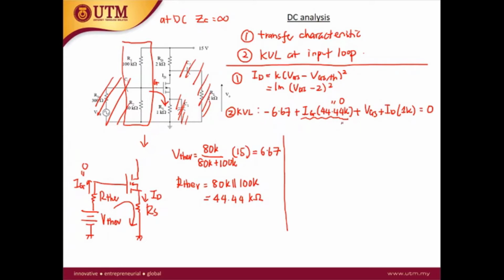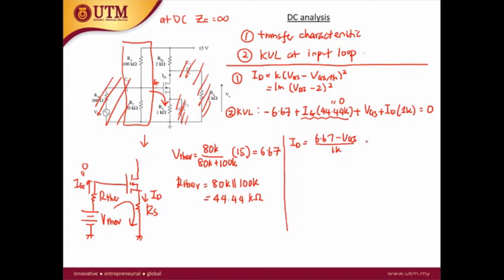From equation number 2, you can get ID equal to (6.67 minus VGS) over 1K.